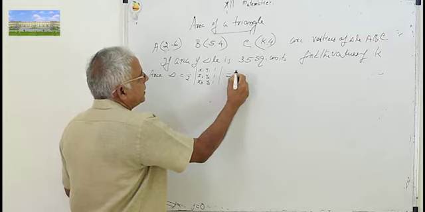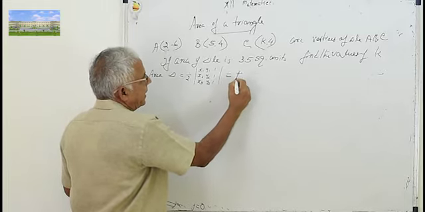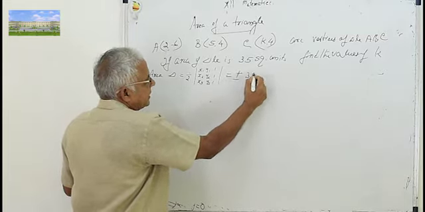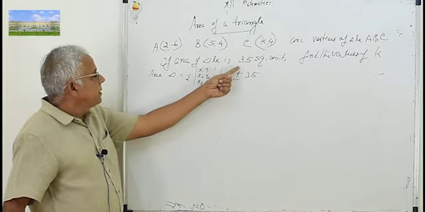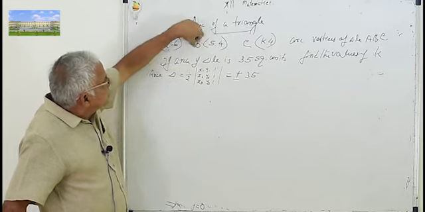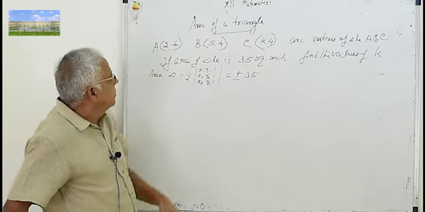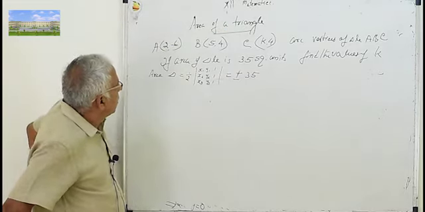This value is equal to plus or minus 35, because for calculation we use a positive and a negative value of the area.